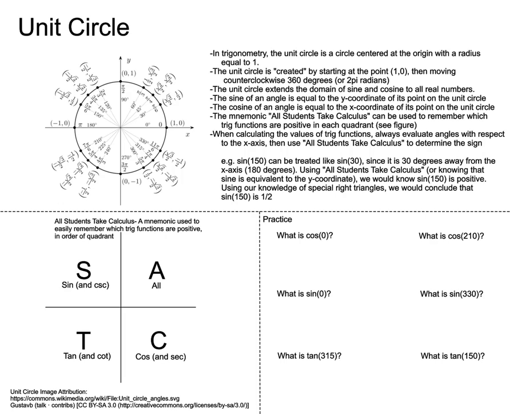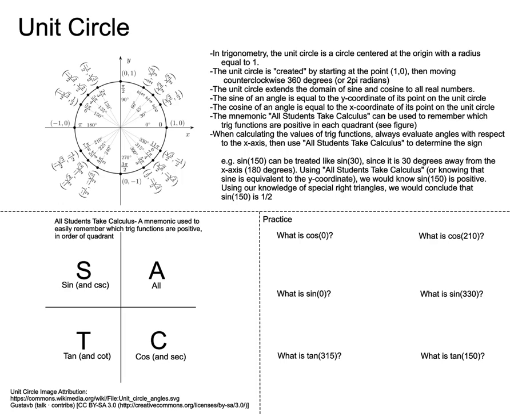The S in quadrant 2 means that only sine and its reciprocal cosecant are positive. In quadrant 3, we have T, or tangent, so only tangent and its reciprocal cotangent are going to be positive in quadrant 3. And then in quadrant 4, we have C, so only cosine and its reciprocal secant are positive in quadrant 4.